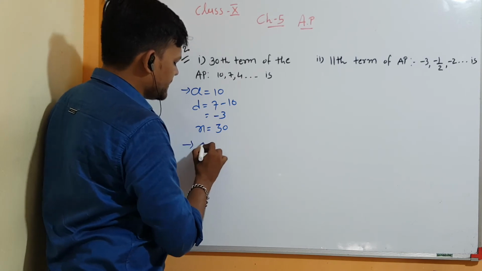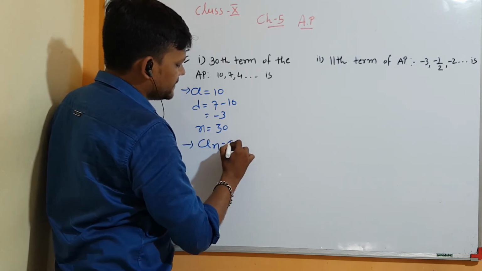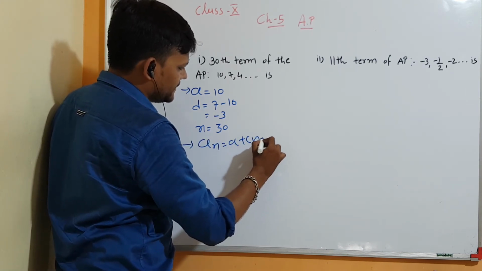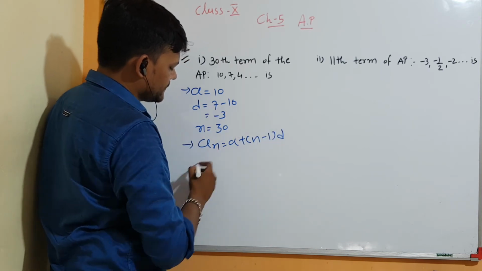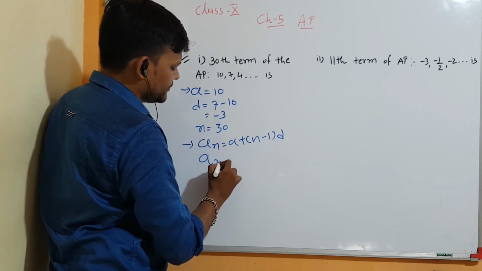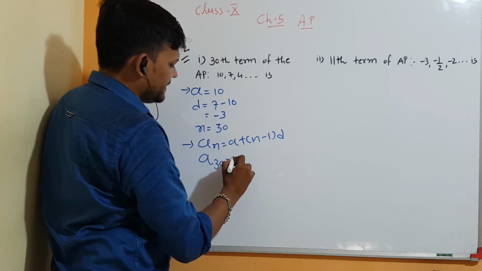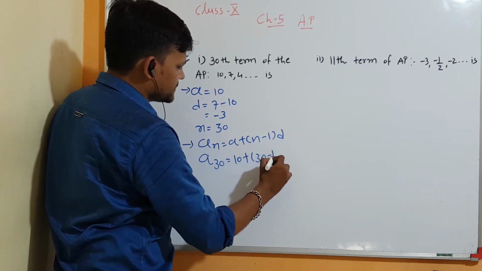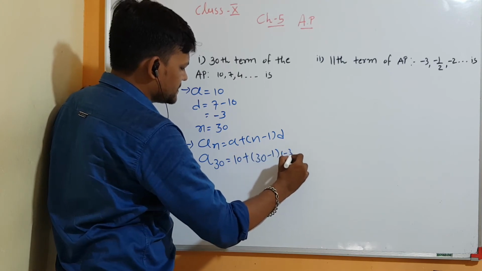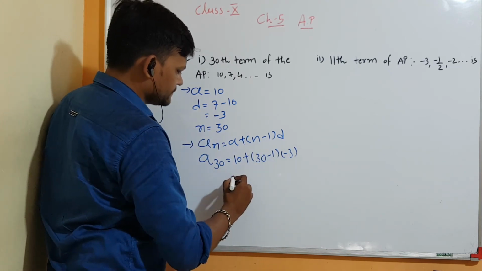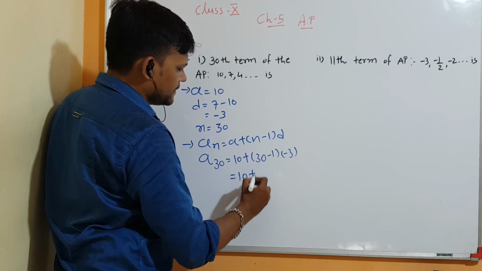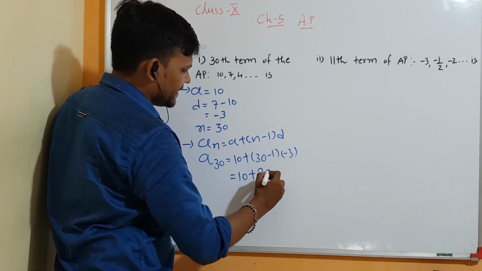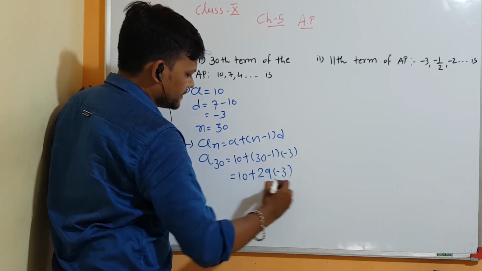Now apply the formula. An equal to a plus n minus 1 into b, where n is 30, so it becomes a30, a is 10 plus n is 30 minus 1, and b is minus 3 here. So a is 10, 30 minus 1, it is 29 into minus 3.